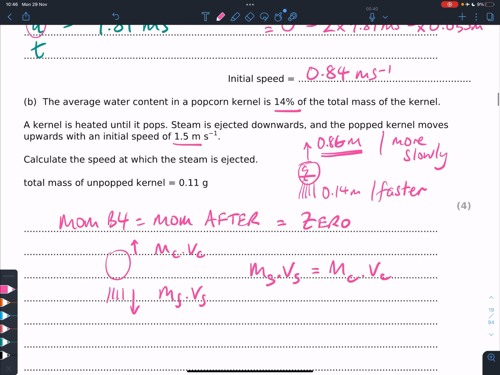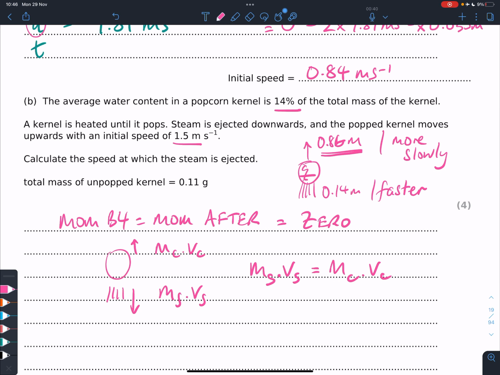And the good thing is these are ratios, so you can say the mass of the steam is 0.14 m times the velocity of the steam is equal to 0.86 m times the velocity of the corn, which we know is 1.5 meters per second.